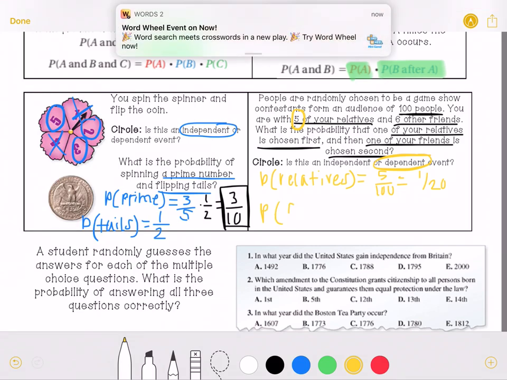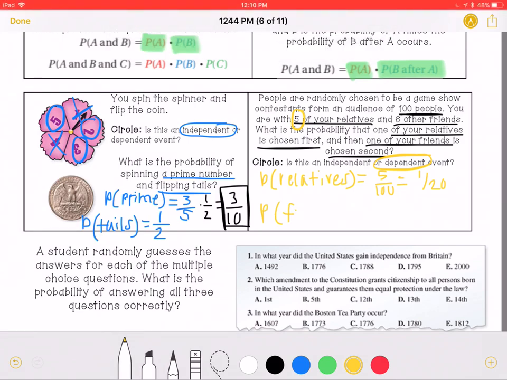Now, when you go to choose your friend, you still have 6 friends because none of your friends got chosen yet. But there's no longer 100 people in the audience. There's only 99. And I'm going to simplify this to 2 out of 33.